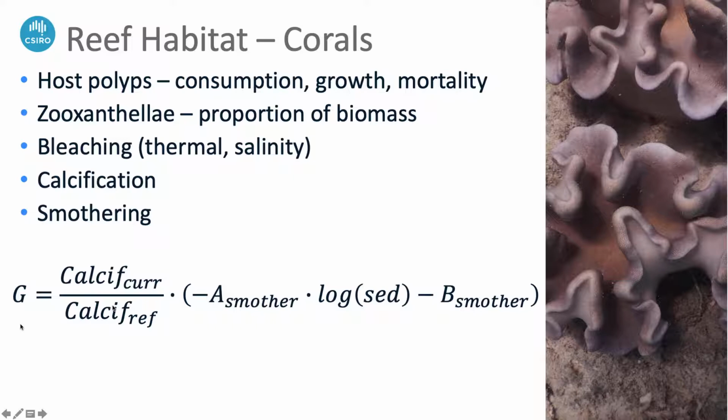That's the way that aragonite saturation and the resulting pH in the water can affect the growth of the corals, by effectively scaling growth based on the calcification rate. Then there's also a multiplier based on the degree of smothering, which is a simple log curve based on the levels of sediments in the water, particularly in the bottom layer that's contacting the corals, inside this very simple equation for smothering.